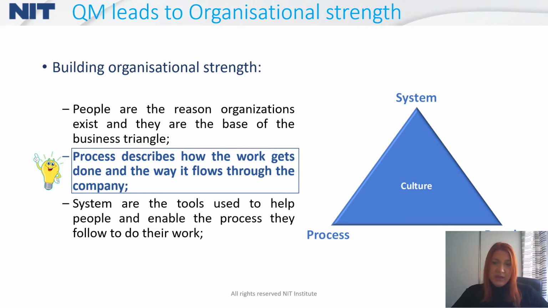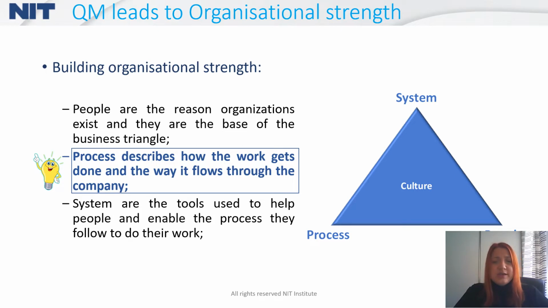And this brings us to the next term, organizational strength. Now imagine that you have several projects and that you need to build a unique brand and your own product which will be recognized in the market. For that, you will need to build organizational strength and to manage the organization.